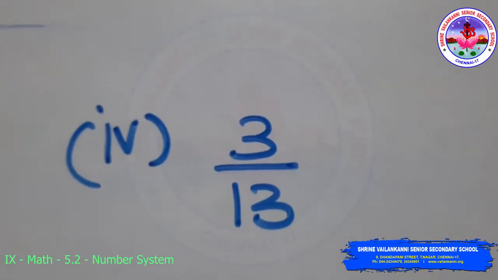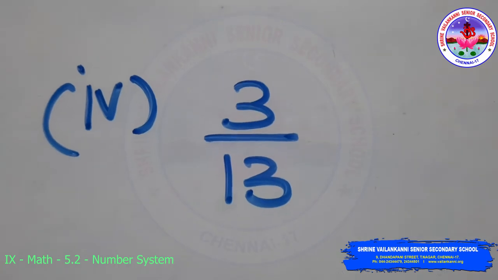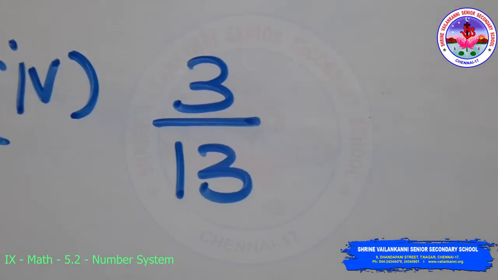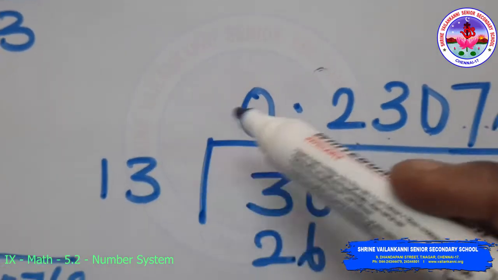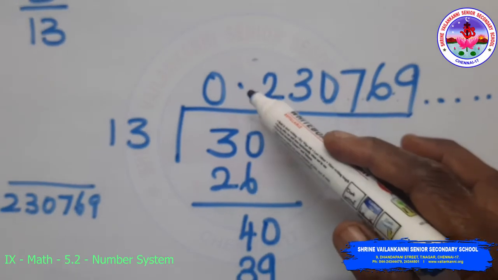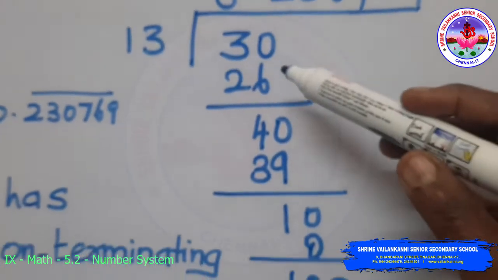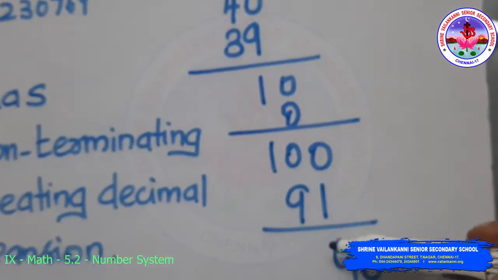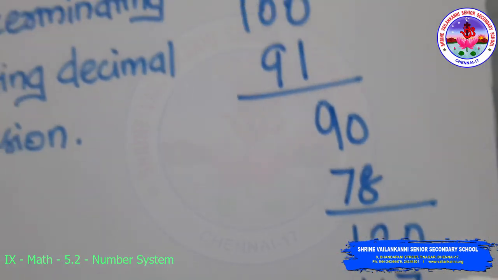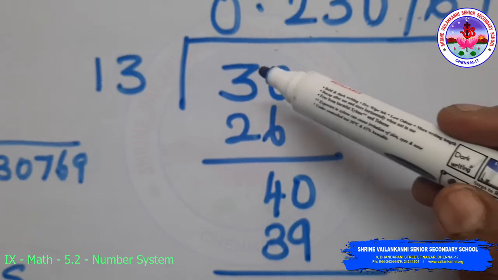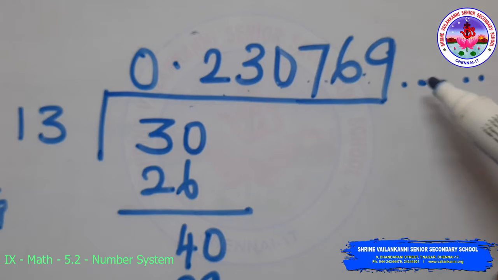Now coming to the fourth problem, the fraction is 3 by 13. We want to find out what type of decimal expansion it has. So I have divided 3 by 13 and I will be getting 0.230769. I just keep on dividing, where at last I get the remainder as 3. So again the 3 continues, and you will be getting the digits again repeated.